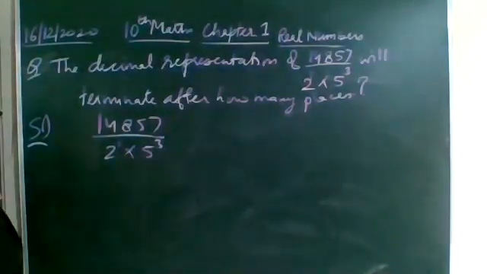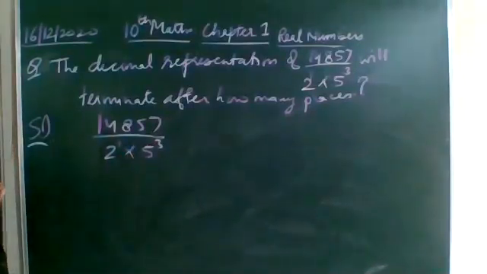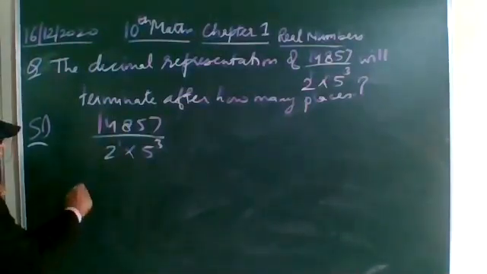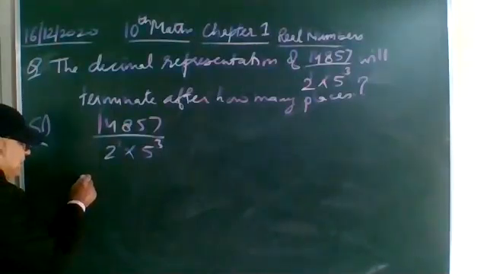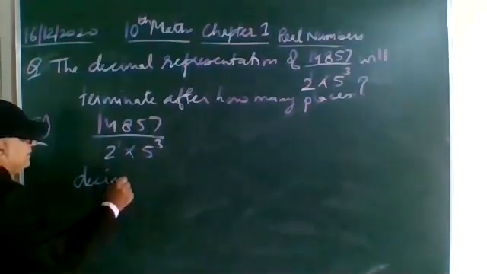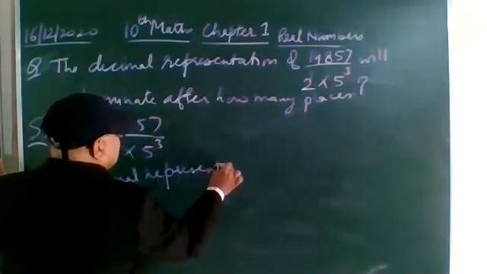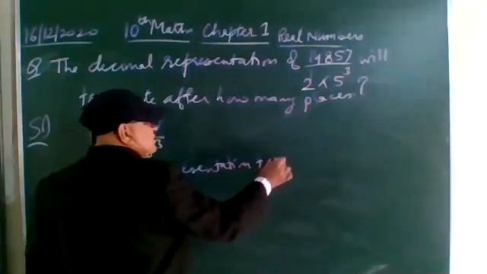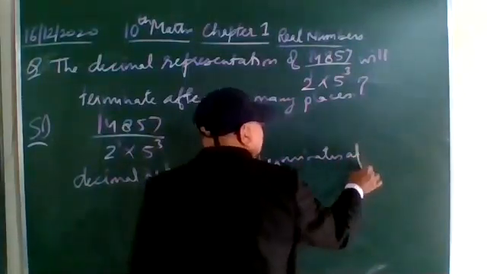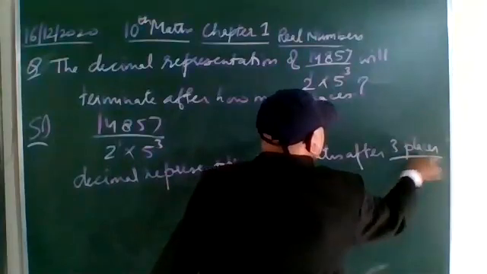Which one is greater? 5 power 3 and 2 power 1. 3 is greater. So the decimal representation terminates after 3 places.